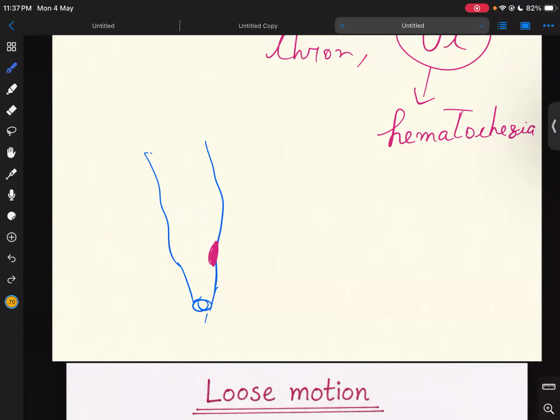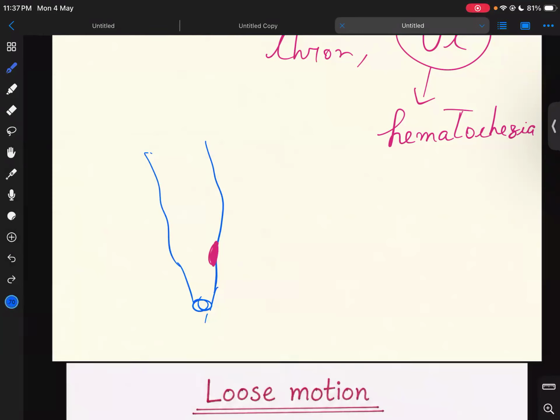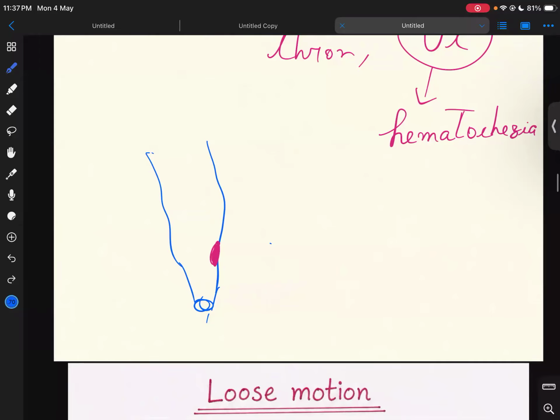But if something happens in this gut wall, like there is continuous irritation, an ulceration, a tearing, or a growth, this irritation will not depend on whether we have emptied the bowel or not. So even after completing the bowel movement, the patient will feel that something is left behind. This is called sense of incomplete evacuation.